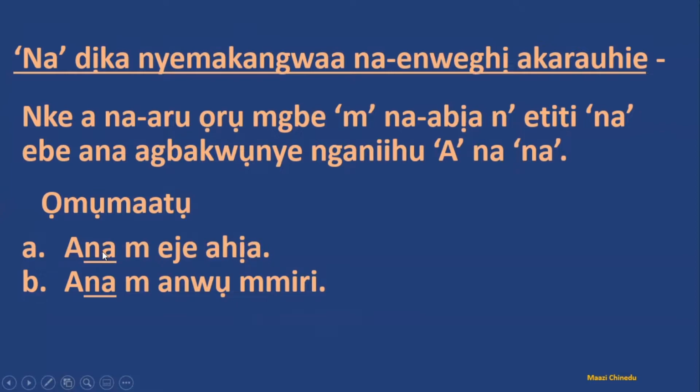Na n'ebe a agbakwunyere ya a ma tinyekwazịa ya m ka ahịrịokwu a wee nwee nghọta. Wee sị na n'ebe a ọ na-arụ ọrụ dịka enyemaka ngwa mana na ọ bụ ụdị nke na-enweghị akara uhie. Ana m eje ahịa. Ana m aṅụ mmiri.